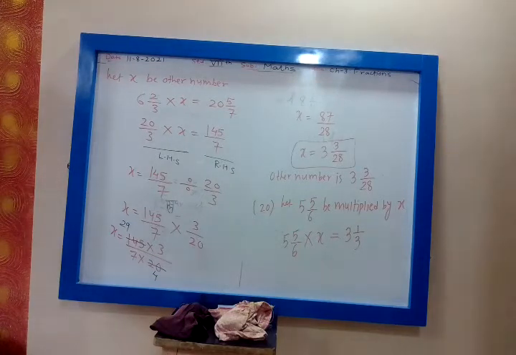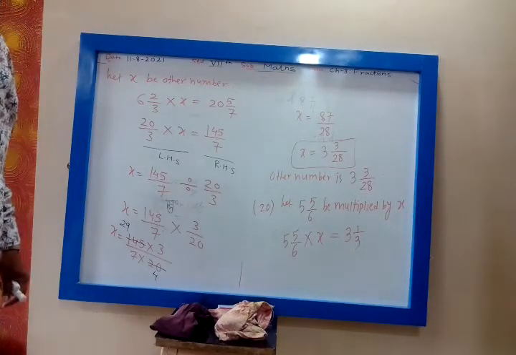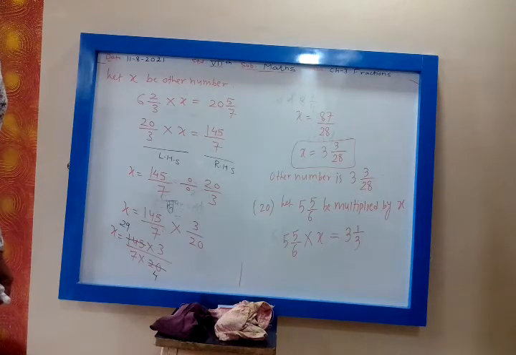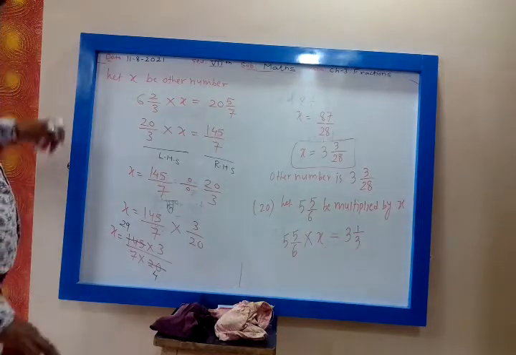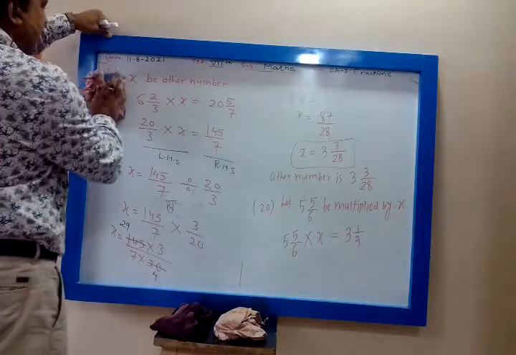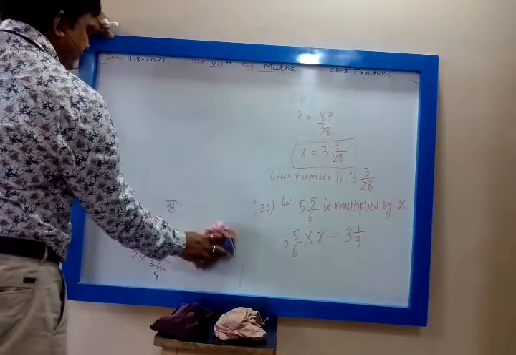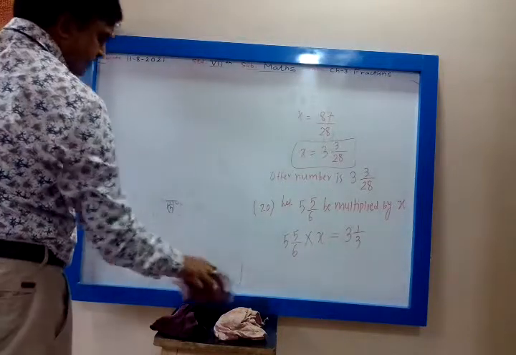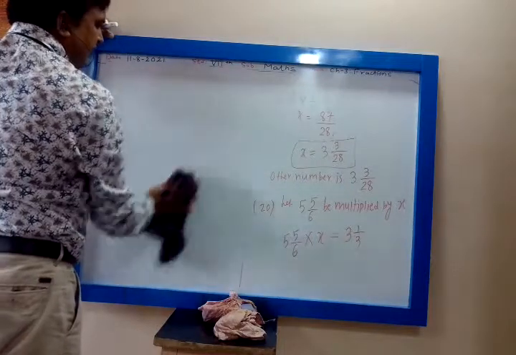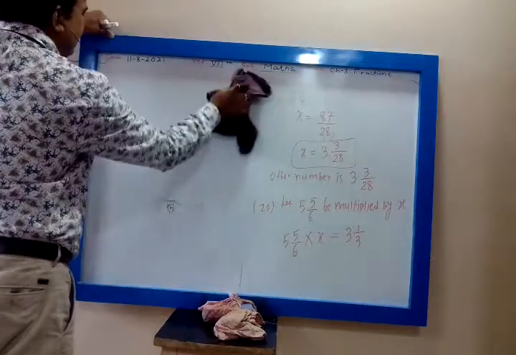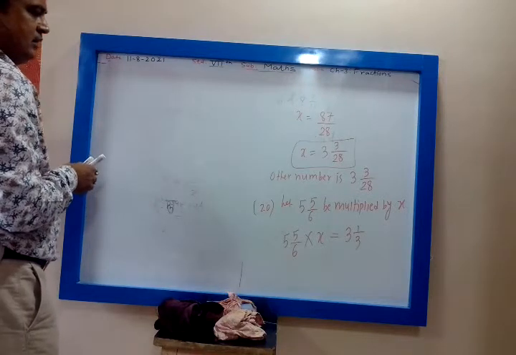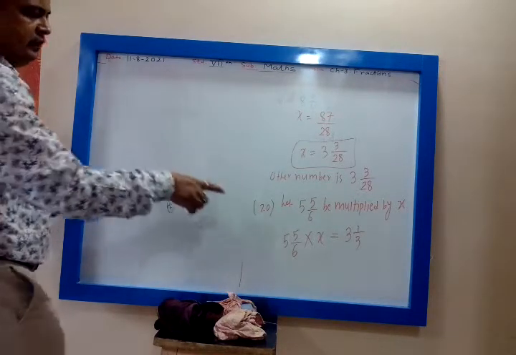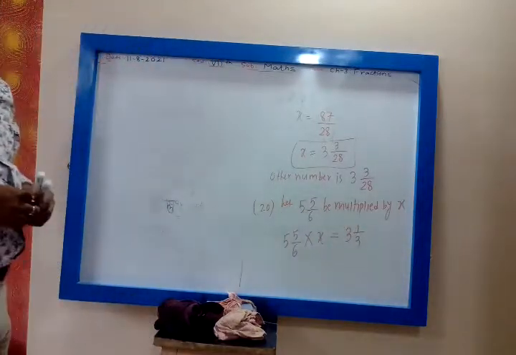Simplify this. Wait, my dear. First you simplify. 5 is to 5 by 6, 6 5s are 30, 35 by 6, multiplied by x is equal to 3 is to 1 by 3, which is given in the question.